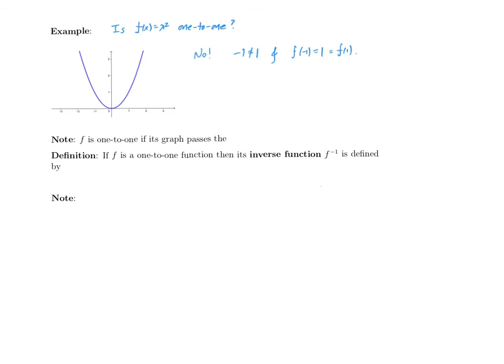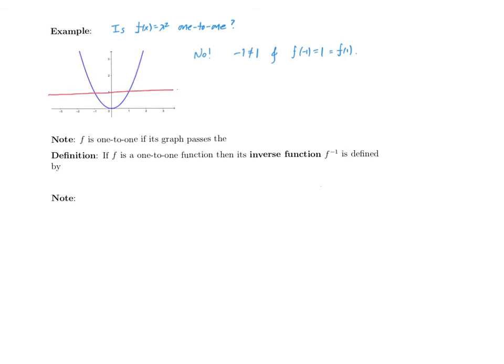And it turns out it's really easy to determine if a function is one-to-one if you have its graph. Intuitively, if 2 inputs have the same output, that means that a horizontal line will intersect the graph in multiple points.